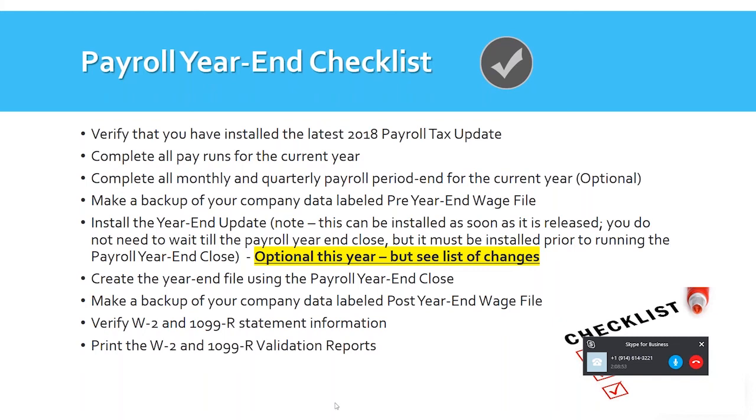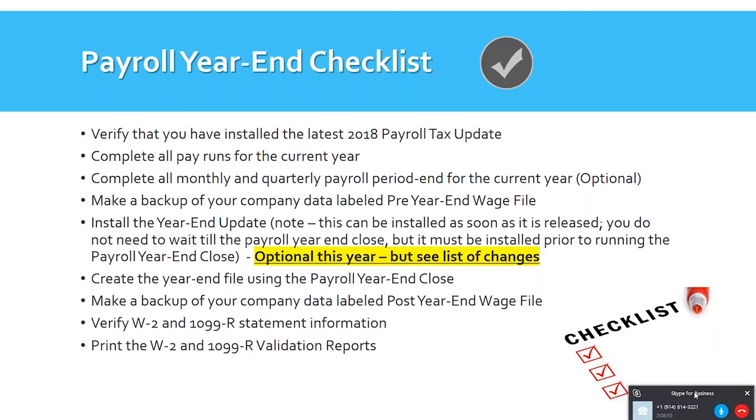And then you'll want to make sure that you have completed all of your pay runs for the current year. So all 2018 payroll, you'll want to make sure that you've processed that and that's been completed. And then any monthly and quarterly period end procedures, you'll want to make sure that you have those done as well.